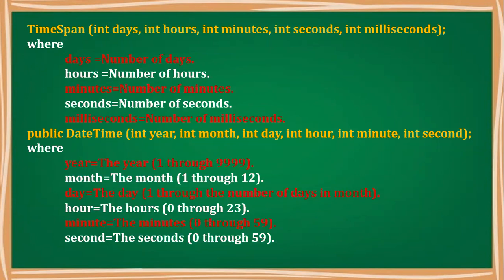I'm repeating: if you want to extract the values from these class objects, time span and date time, either you have to use formatting, or you have to convert that particular object using ToString. You know that there is a built-in method, object.ToString, with capital T and capital S, and you have to provide the object to it. It will be converted, or you can assign that particular object's value to a string, and then you can print.